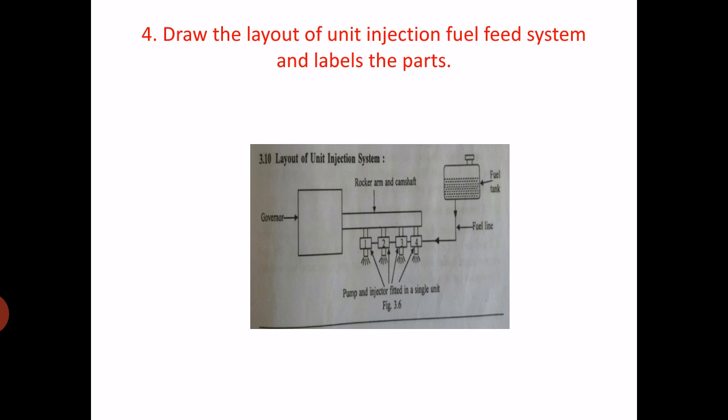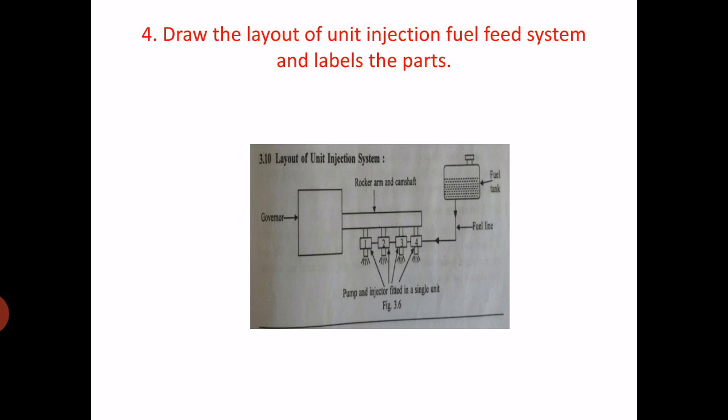Question number 4. Draw the layout of unit injection fuel feed system and label the parts. For 5 marks you have to draw the sketch and label, but if it is asked for 10 marks you have to write the working also. This unit injection system is an improvement over the individual pump system.